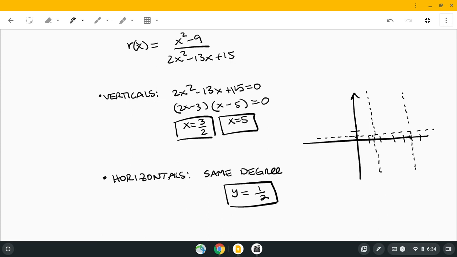Okay, so those are just the asymptotes, but that's the beginning part of the graphing. You will need to find out where you have your vertical and horizontal asymptotes. You would put them on the graph, and then the actual graph will be in here, and we would need to make a table of values to come up with the general behavior of the graph.